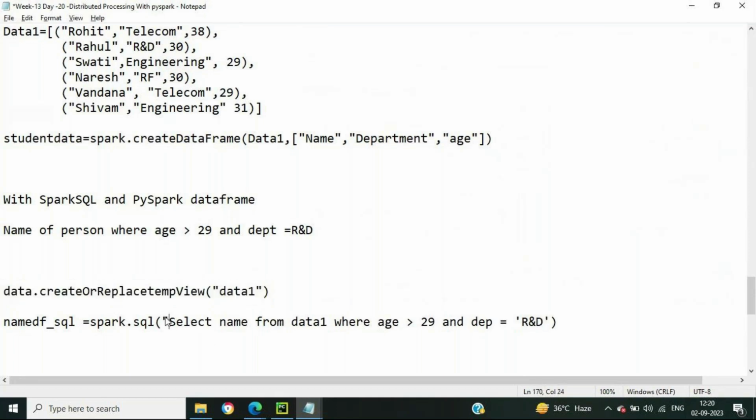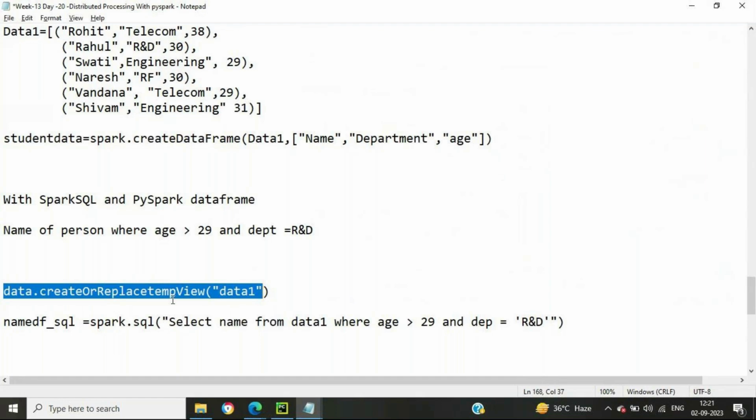You need to use inverted commas as well. Okay. So query is fine. But will you be able to create a data frame?